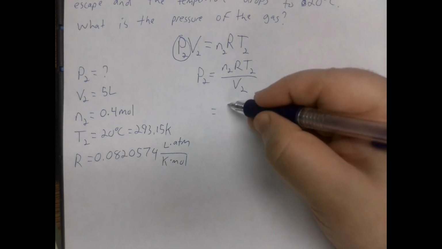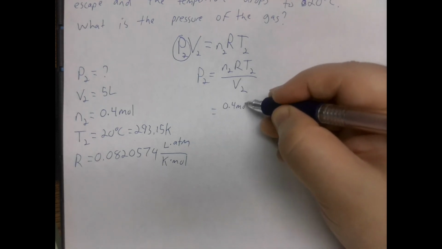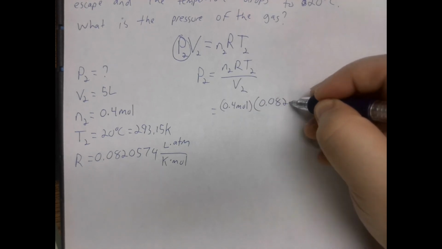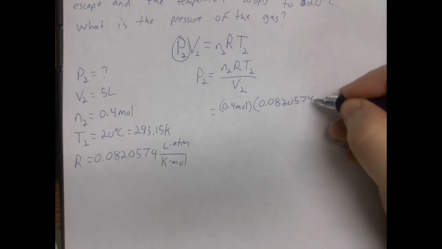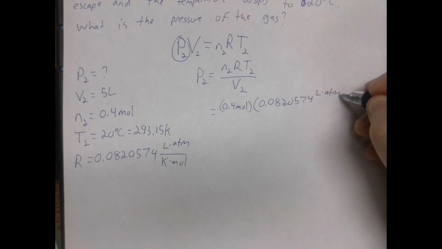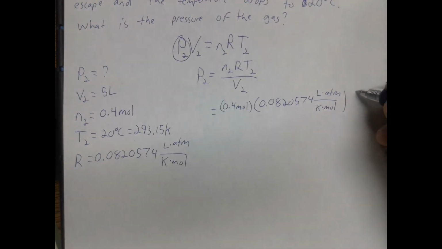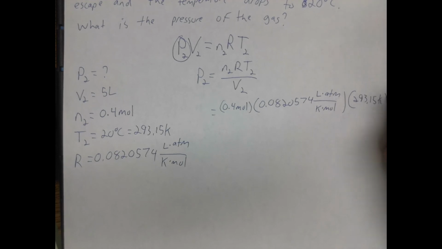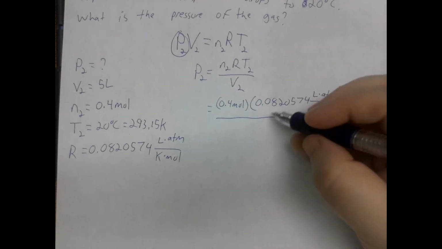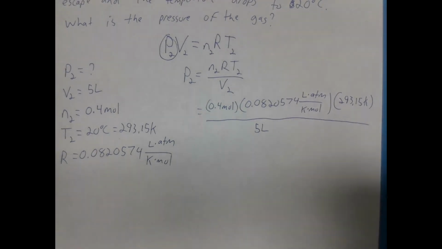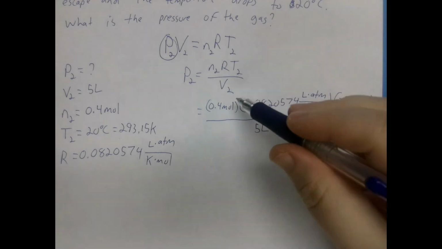So plugging this in, final moles is 0.4 mole. Our constant might be more precise than what y'all have on yours. The temperature is 293.15 Kelvin. Volume is 5 liters. And then when you write out your equation, it's good to check for units. So we have something times a mole.